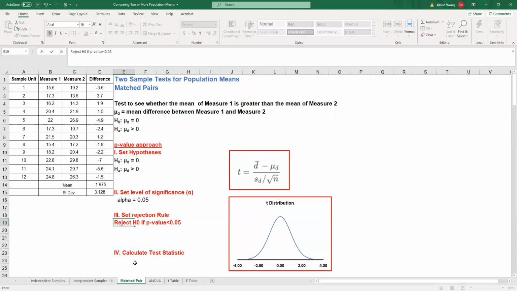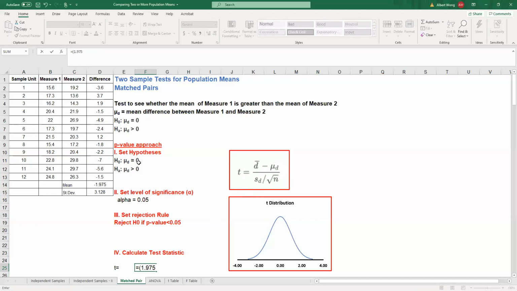Right, and the test statistic is calculated as, let's just calculate this, the mean, which is negative 1.975, which is here, minus mu 0, the hypothesized value.